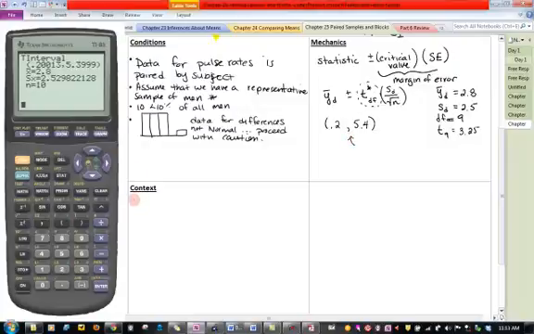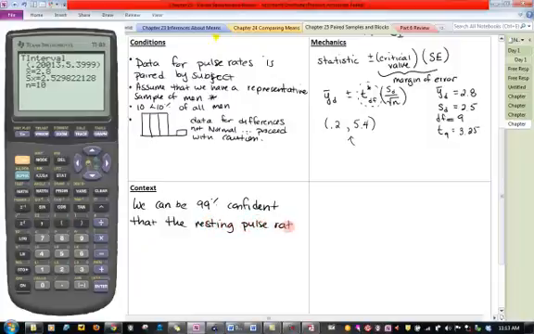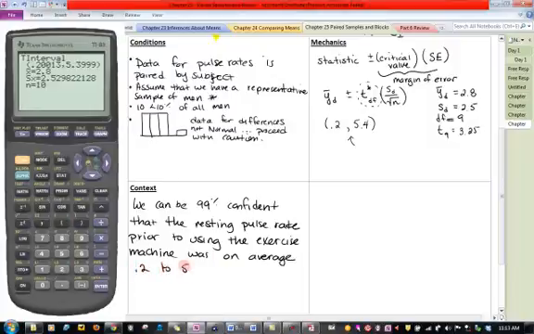So our conclusion is we can be 99% confident that the resting pulse rate prior to using the exercise machine was on average 0.2 to 5.4 beats per minute higher than after use of the machine.